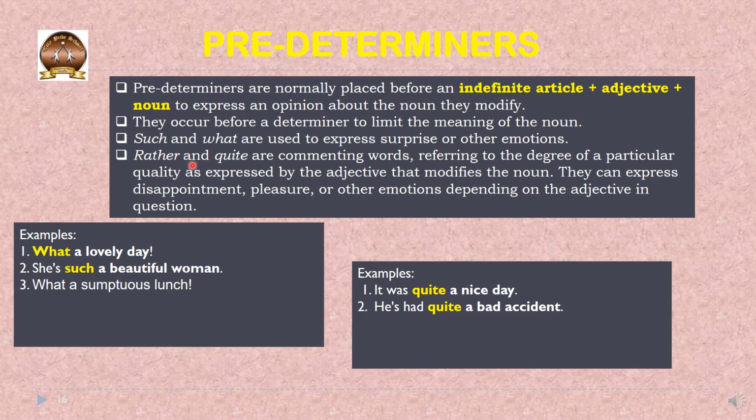Rather and quite are commenting words referring to the degree of a particular quality as expressed by the adjective that modifies the noun. They can express disappointment, pleasure, or other emotions depending on the adjective in question. Like, it was quite a nice day. He's had quite a bad accident.